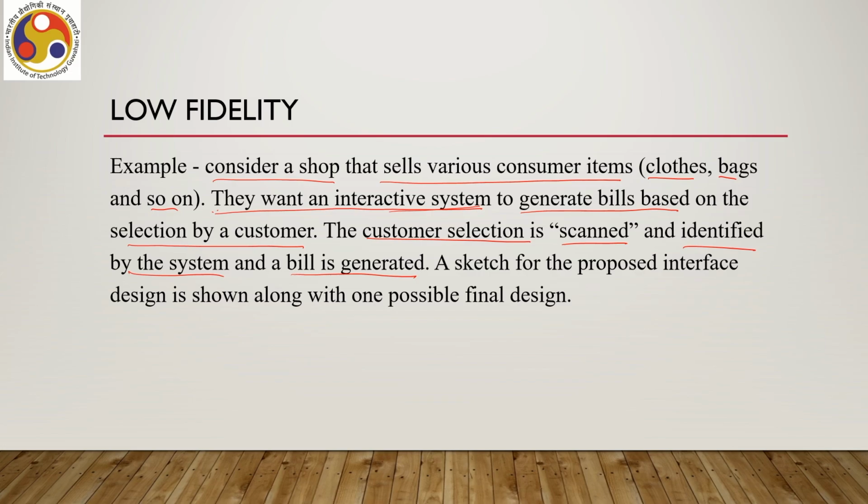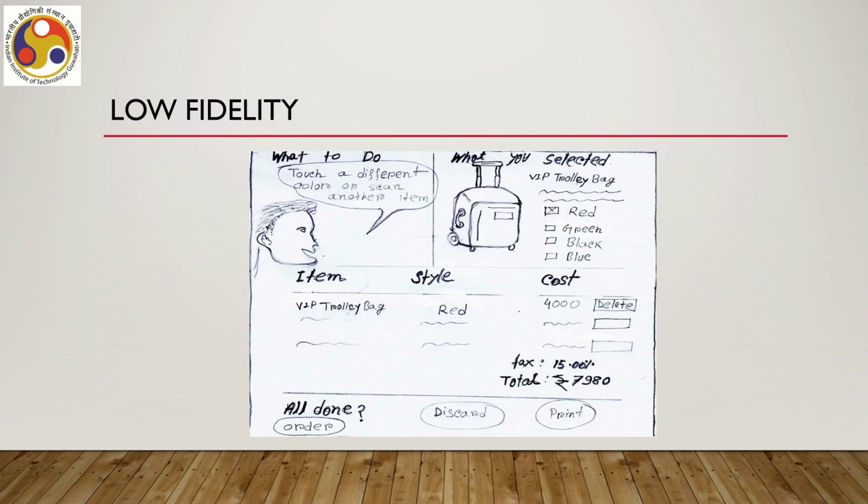To express the idea, a sketch for the proposed interface design can be made, which is shown along with one possible final design in the next slide. So, this is the sketch that I talked about in the previous description. It can be made on paper, as you can see. Of course, this is somewhat crude.